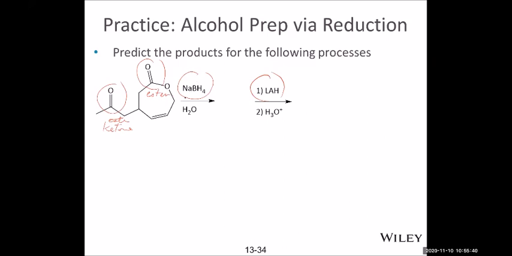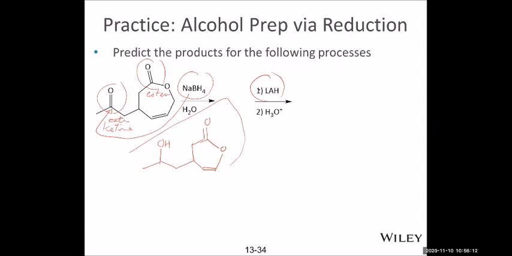So the first step reaction will only happen on this carbonyl. And if you write down the product, this becomes the alcohol, and the rest of the molecule remains the same. Okay, so that's the first product here.